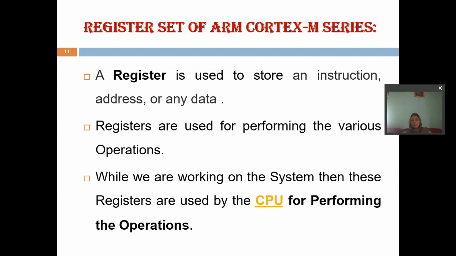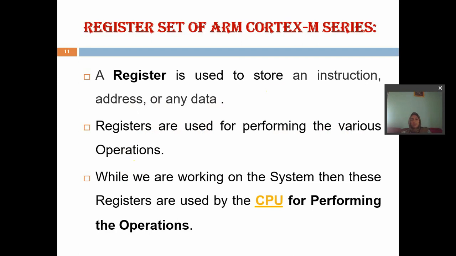So what is a register? A register is used to store an instruction, data, or an address. Registers are used for performing various operations, for example multiplication, addition, and subtraction.